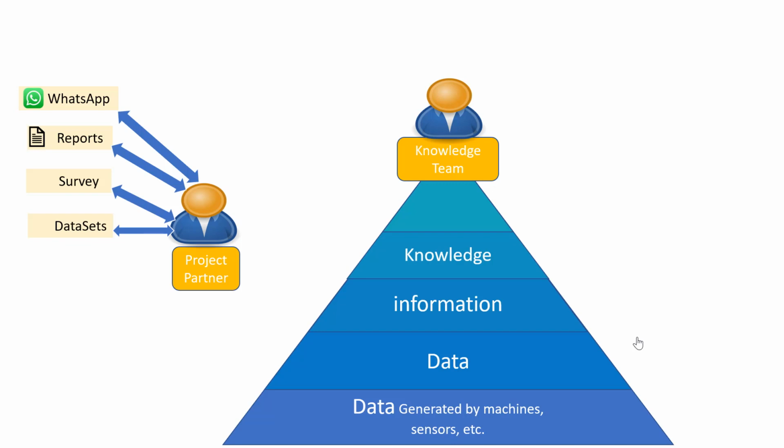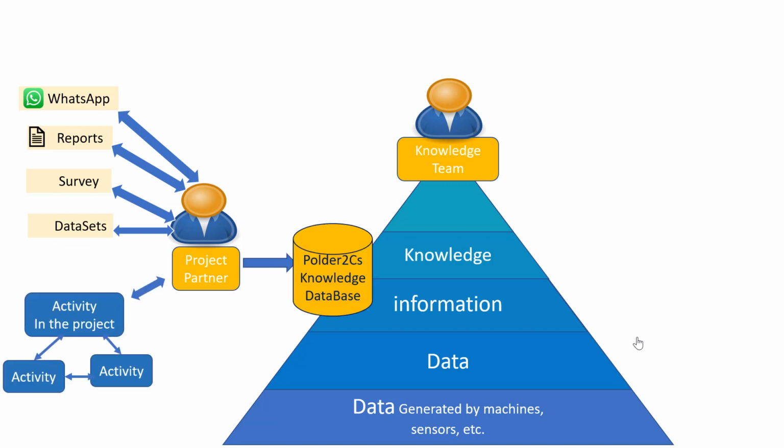The second thing is a visual interface that facilitates the cooperative creation of knowledge components. In Polder 2Cs, we created this interface. A user or a partner in Polder 2Cs was able to create a component that is related to one of his activities.